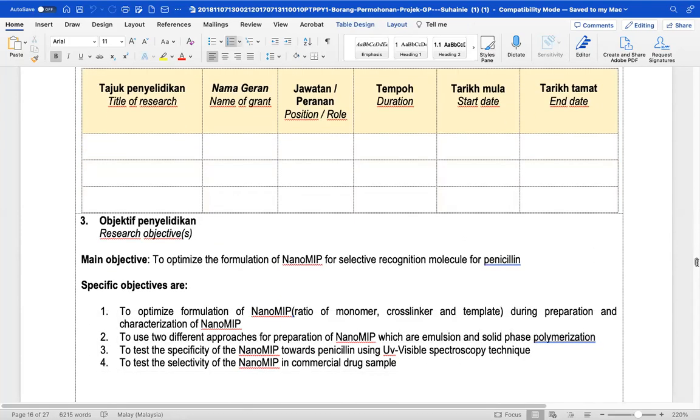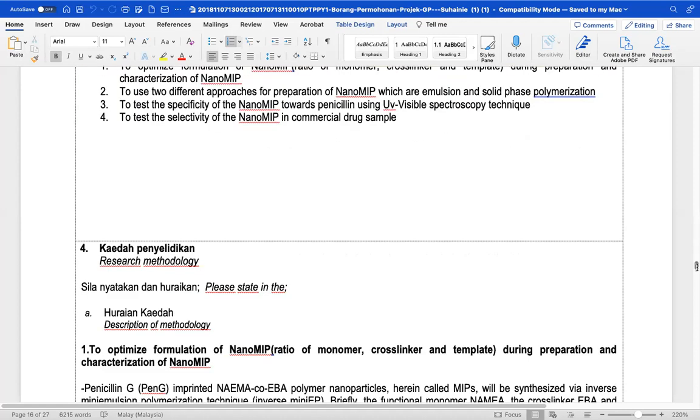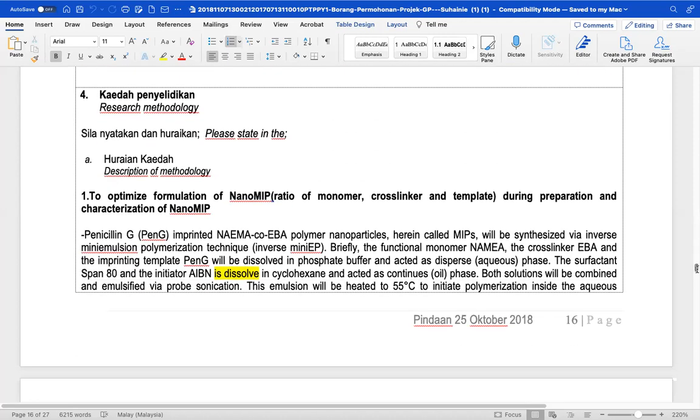Okay, objective. Okay, this is totally from the PhD students. You can see the word optimize, specificity. Okay, so this is the method section.